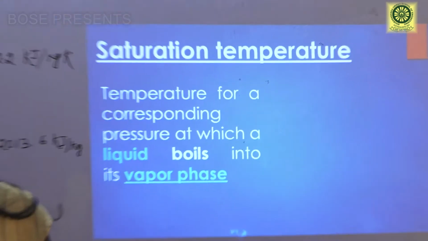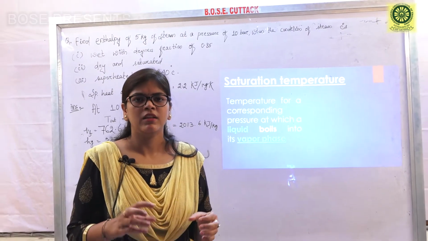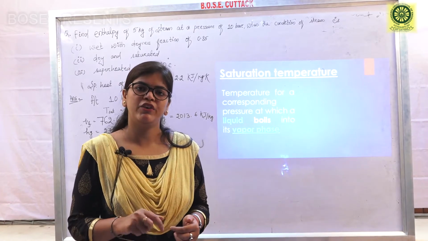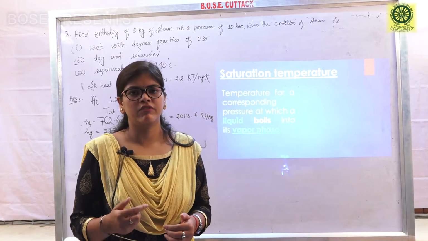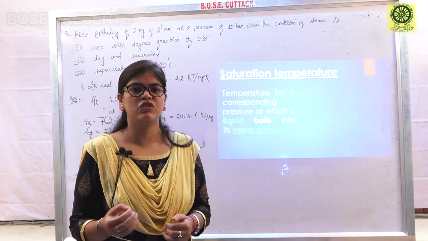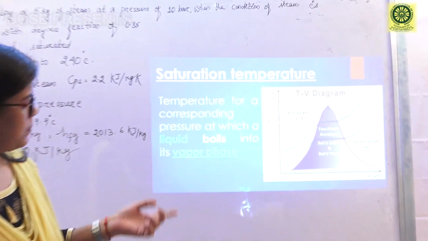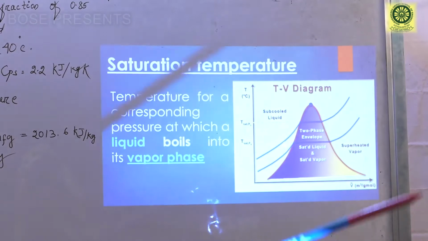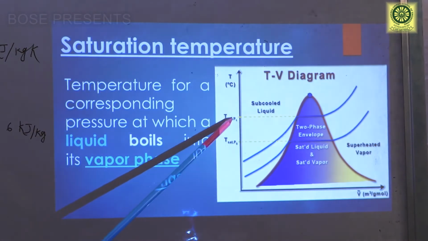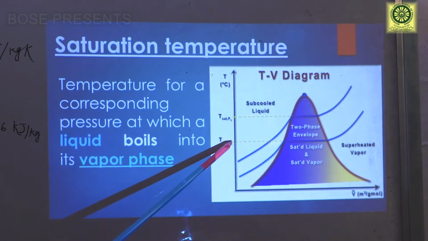It is the temperature at which water starts boiling and converts to the vapor phase, at a certain pressure. So see this diagram. Here you can see this is the saturation temperature for pressure P1, and similarly this is the saturation temperature for pressure P2.